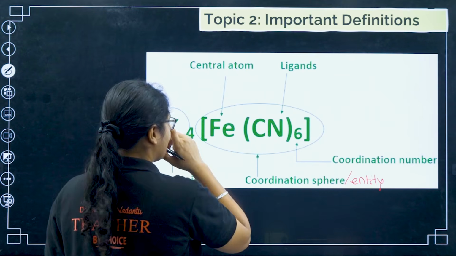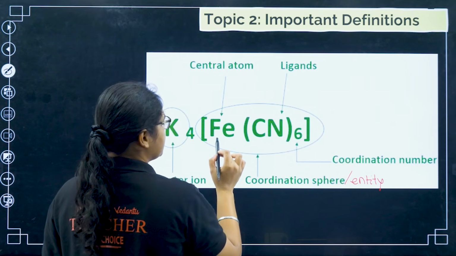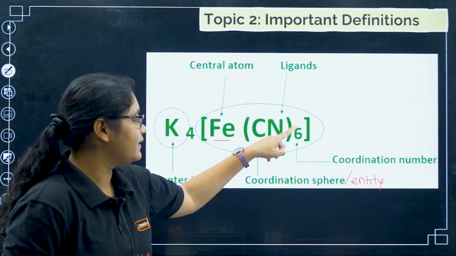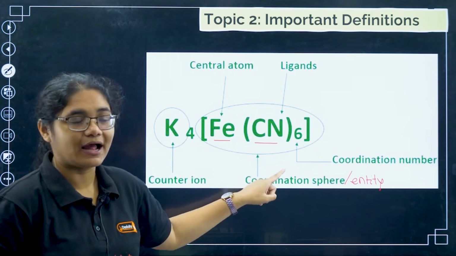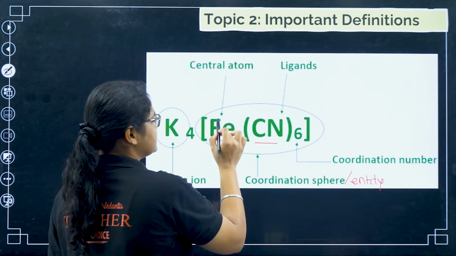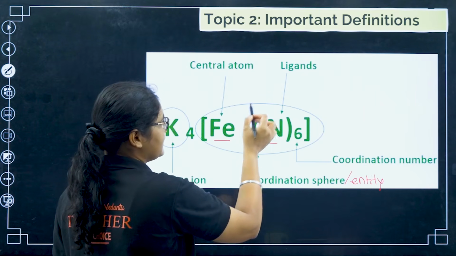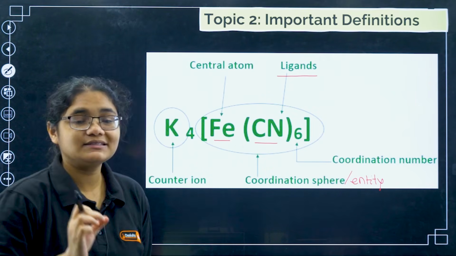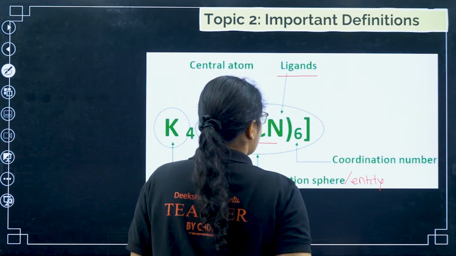Now in this coordination sphere, there is a metal atom and there are ligands. There will be one metal atom and there will be different ligands binding to that. So this central metal is called the central atom, and the ions which are forming bonds with the metal are called ligands here.